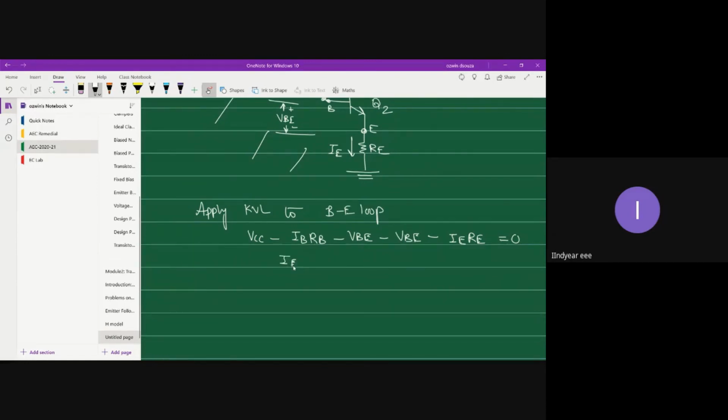You can also substitute IE is equal to 1 plus beta D times IB, because beta D is the overall gain of the transistor.